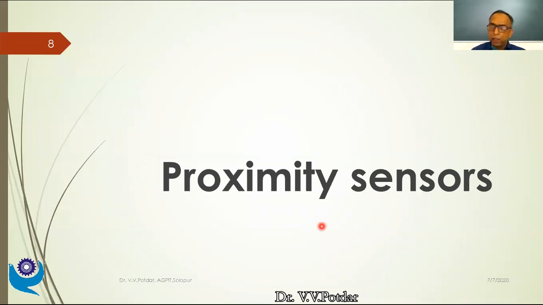We'll move further. We'll go to the proximity sensor. As the name indicates, with the earlier sensor transducers that we have seen, we sensed the position, and we measured the distance traveled, and the angular and linear velocities.